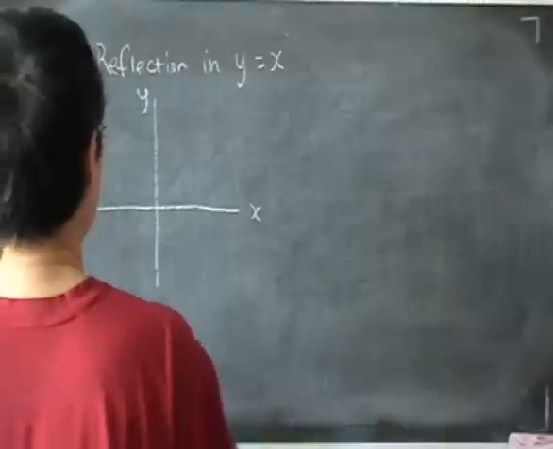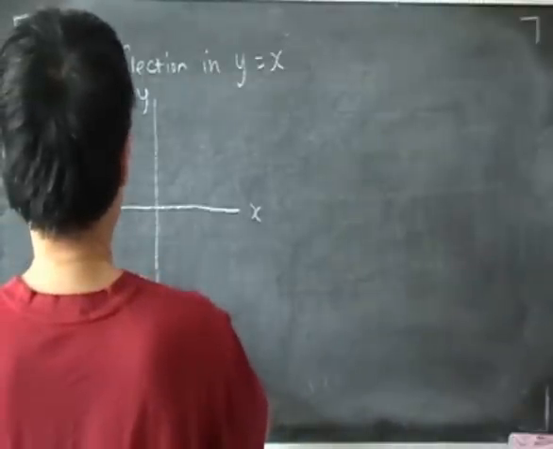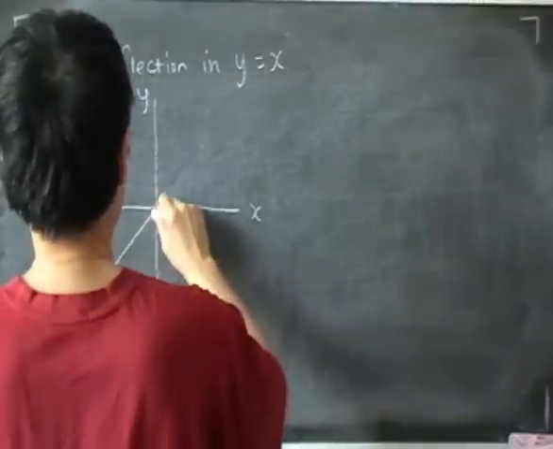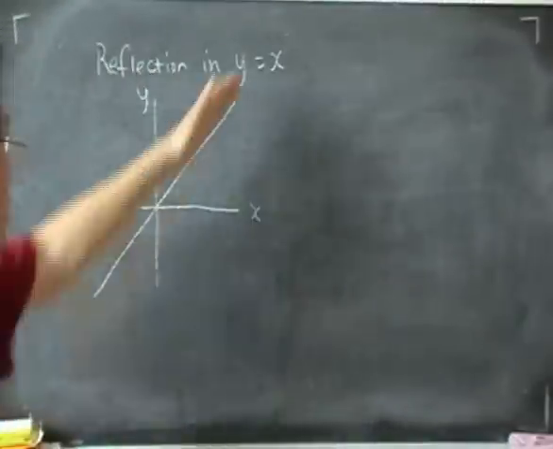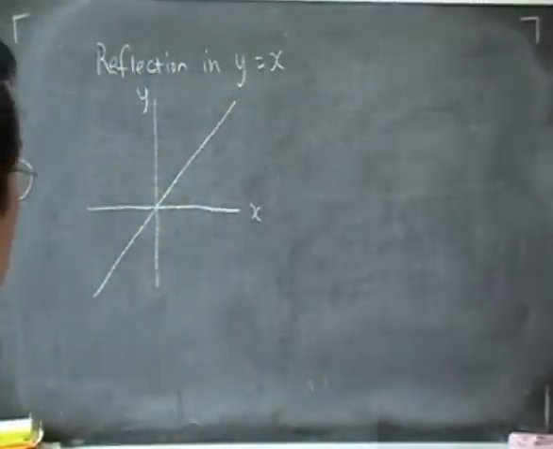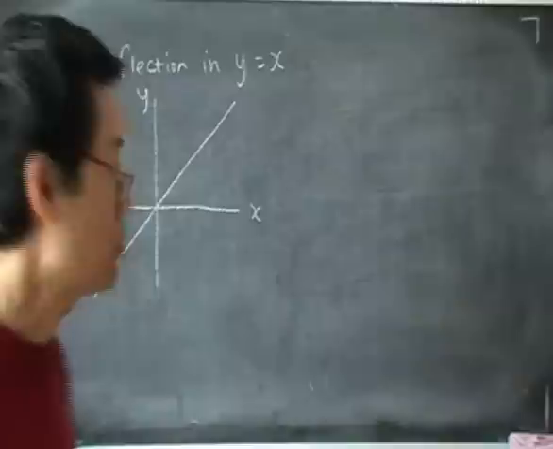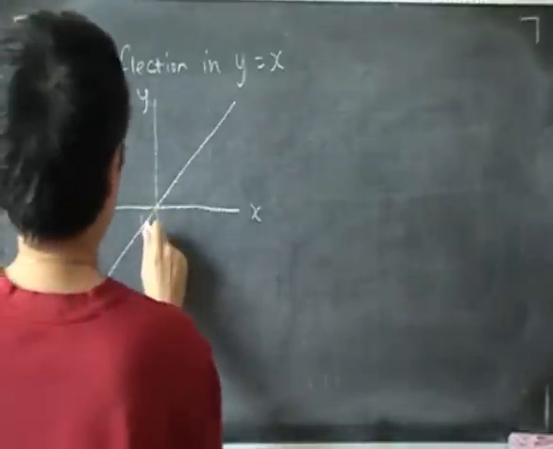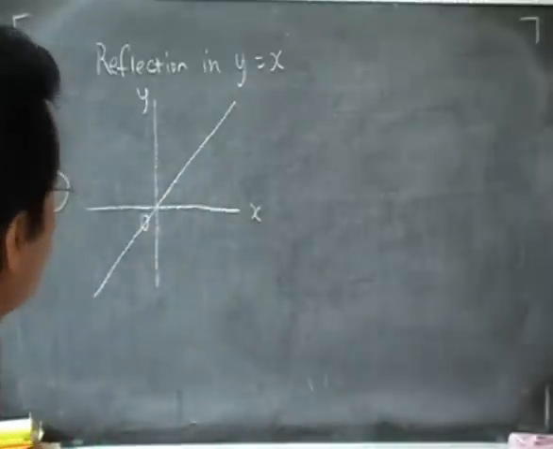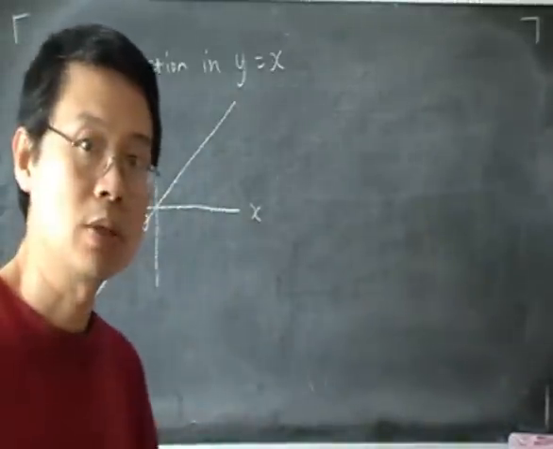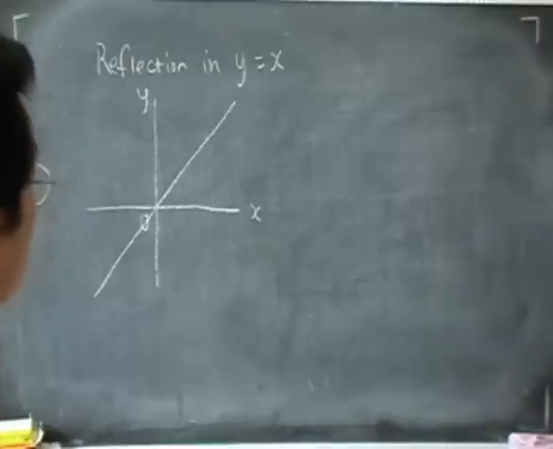Now the y equals x line is a straight line that goes at 45 degrees through the origin of the graph. So that's our y equals x line. You can check that by plotting it on graph paper yourself.